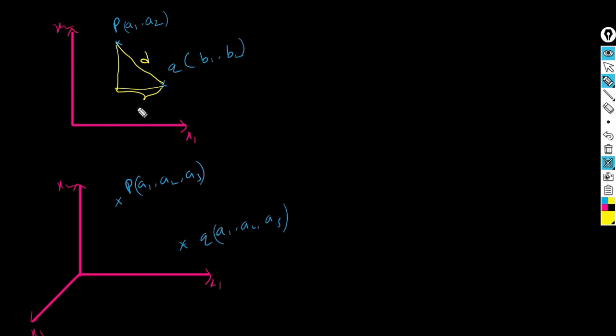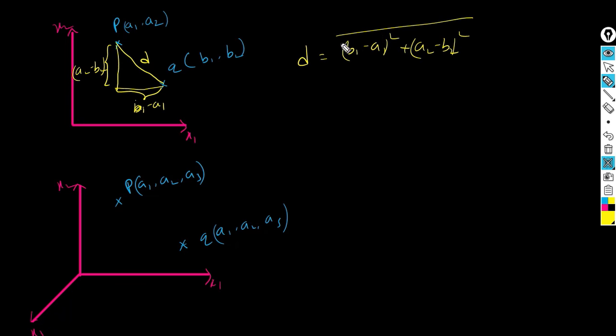This value is b1 minus a1. Okay, b1 minus a1 square, distance equal to, and then the x2 component value, this distance is a2 minus b2 square, a2 minus b2. Okay, now a2 minus b2 square, and we will take the whole root, we will get the distance.